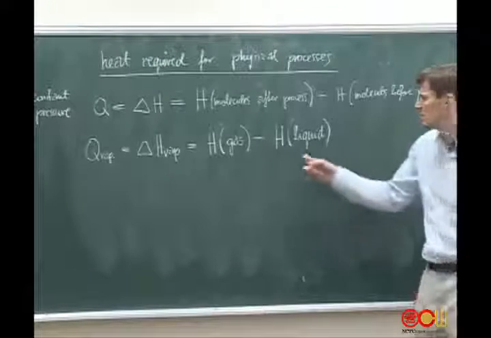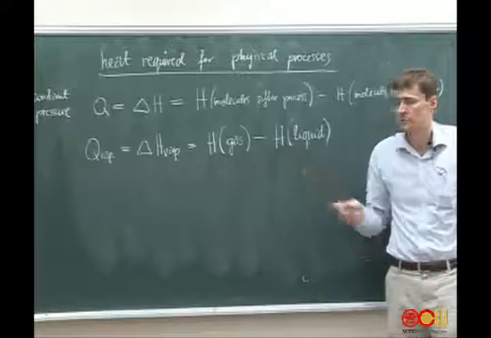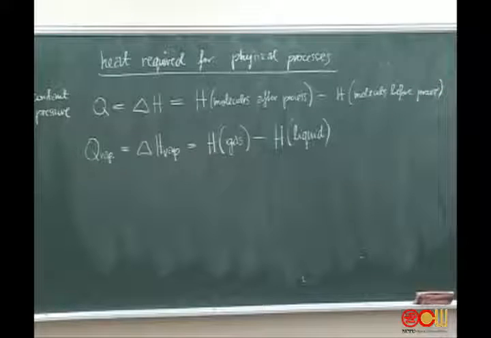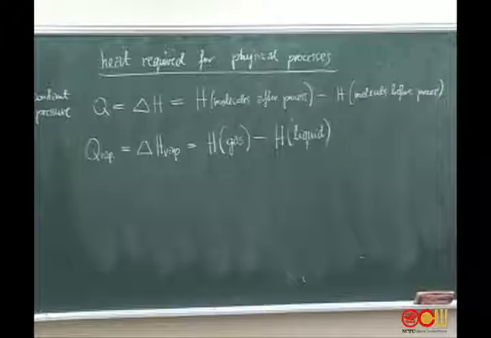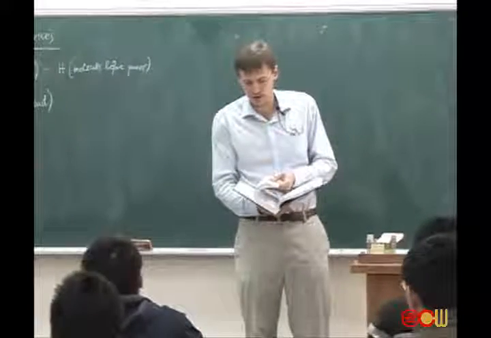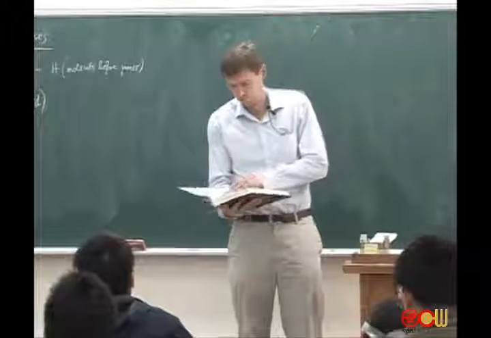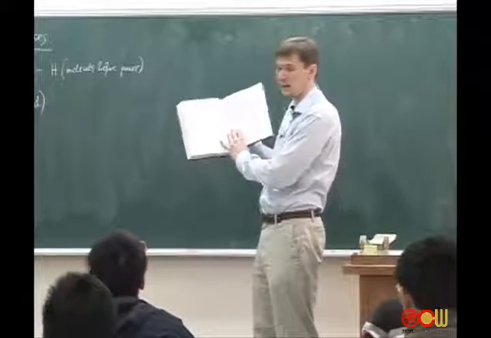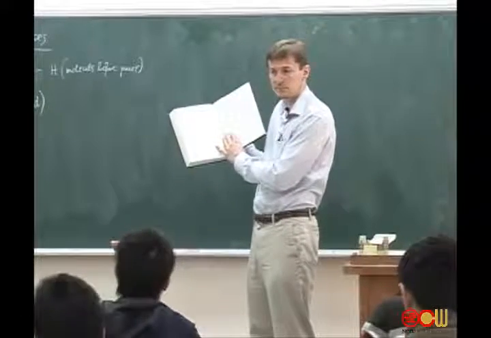But now you may ask me, but where do we take this from? That's a different story. Your book at the end has more than 20 pages saying experimental data.